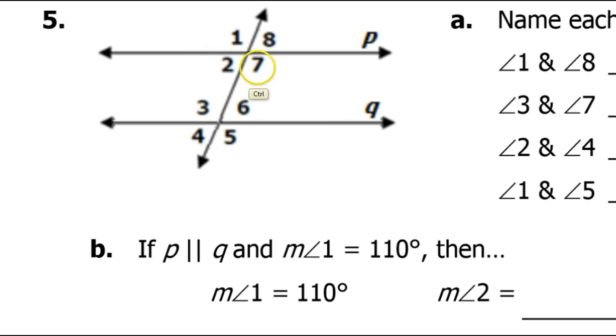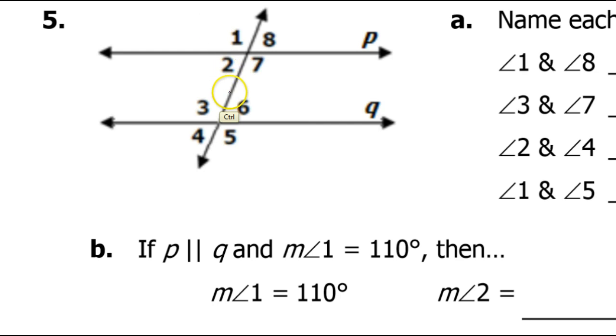In this picture it's pretty obvious because some of the angles are clearly acute, meaning less than 90 degrees, and other angles seem to be obtuse. The angles that look acute will all be congruent if the lines are parallel. The angles that look obtuse, like angle 1 and angle 7 and angle 3 and angle 5, will all be congruent if the lines are parallel.